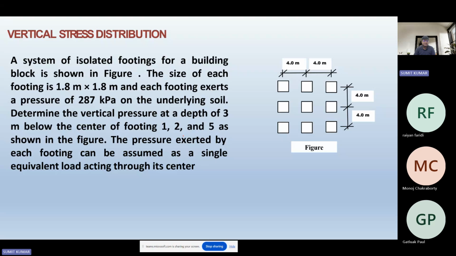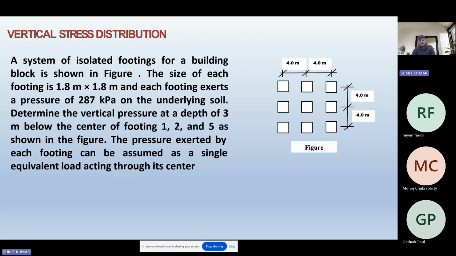Determine the vertical pressure at depth 3 meter below the center of the footing 1, 2, and 5 as shown in the figure. Okay, I could not see what is the 1, 2, 5, but let me see. And the pressure exerted by each footing can be assumed to be a single equivalent load acting through its center.